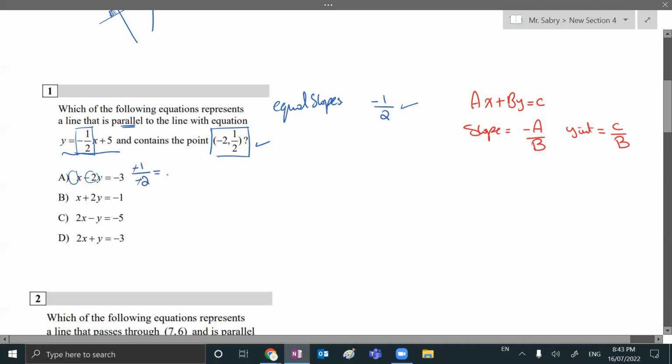The negatives will cross each other, which means the slope is half. So it's not the right line, because it must have a slope of negative half. Check the second one. This has a slope of negative 1 over the number next to the y, which is 2. So this one has the correct slope. And if you check the others, they don't have the same slope. So the only correct answer must be B.